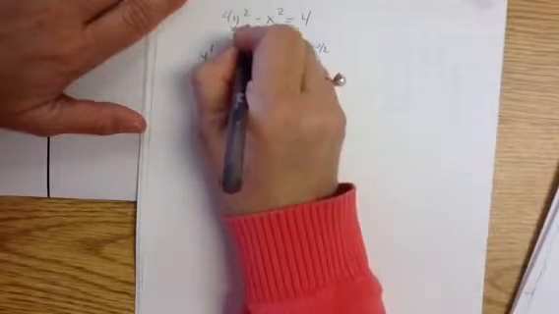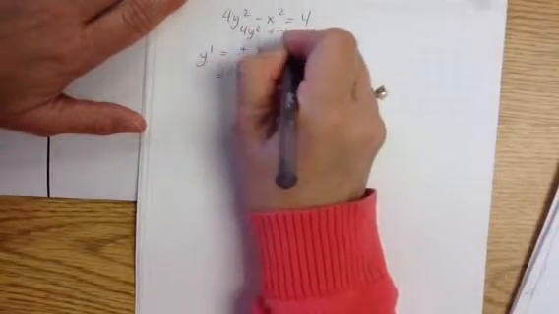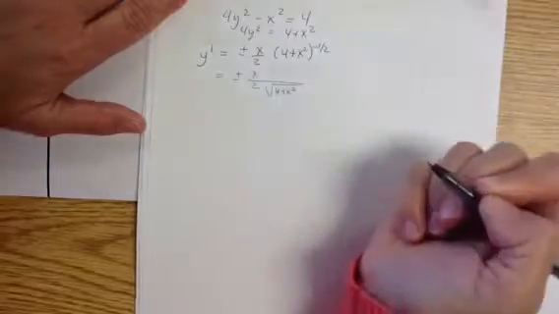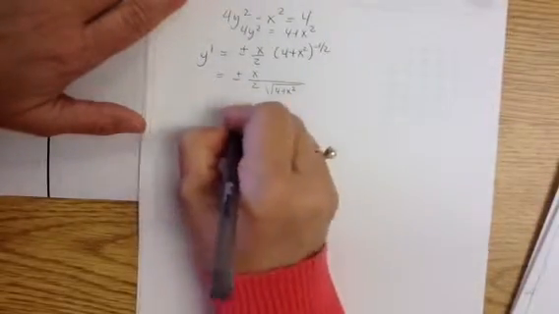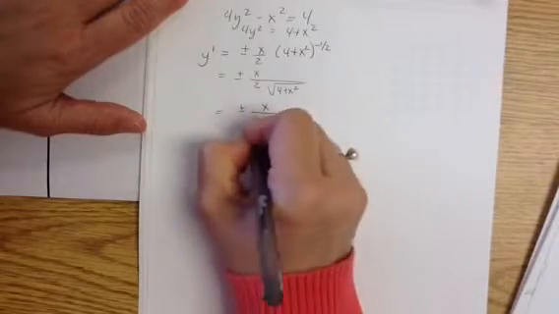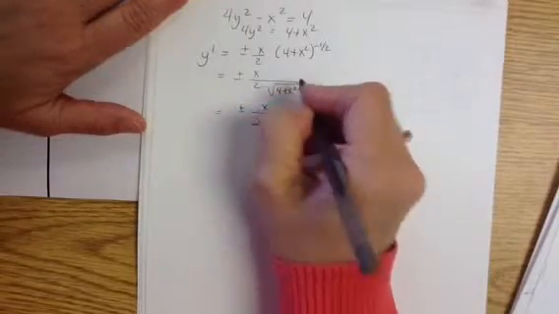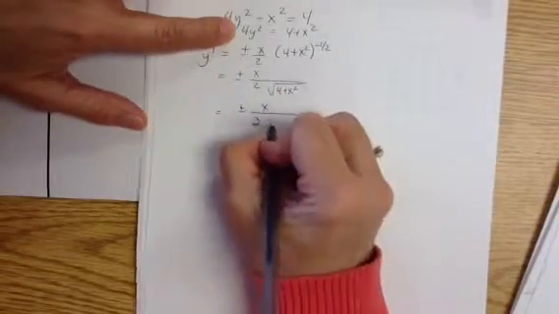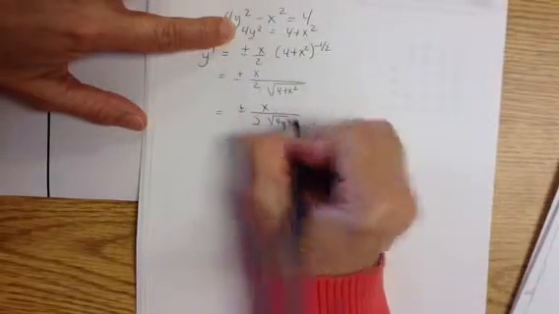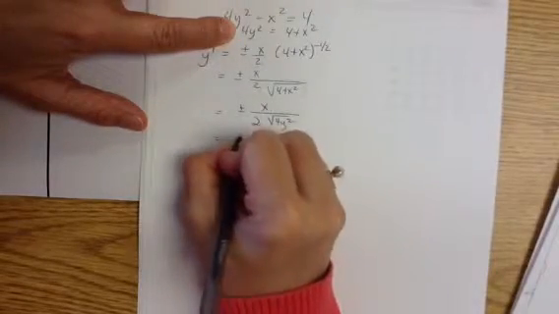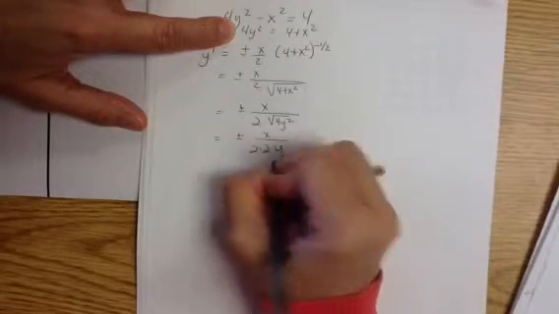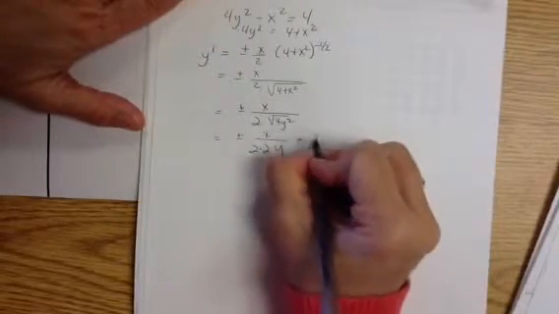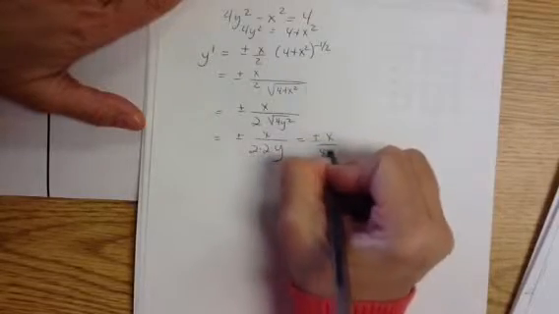So if I rearrange it, 4y squared equals 4 plus x squared. Doesn't that look like what I could put in here? So I have plus or minus x over 2 times the square root of 4y squared, which is plus or minus x over 2 times 2y. And so I end up with plus or minus x over 4y.